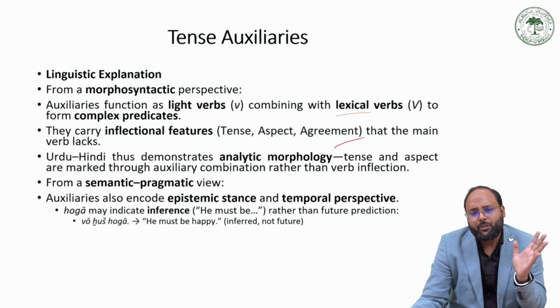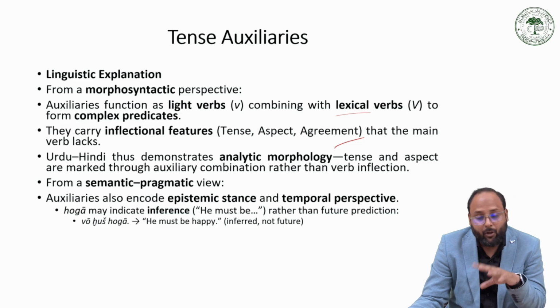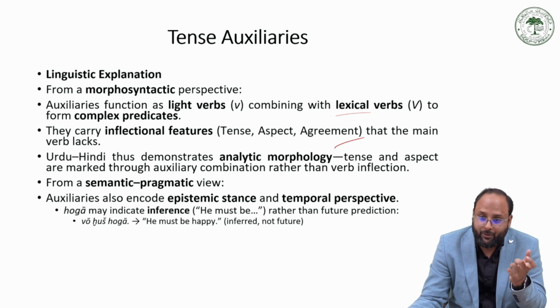But in some languages, if there is no auxiliary, the tense or aspect inflection or changes can only be expressed by the inflection in the main verb. But in Urdu Hindi, we have the auxiliary verb.